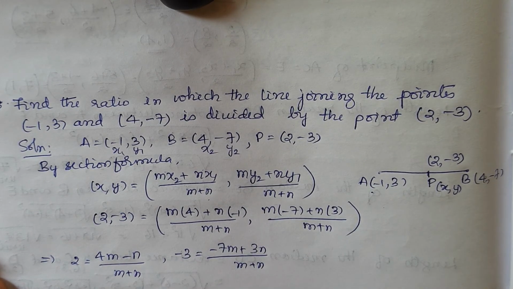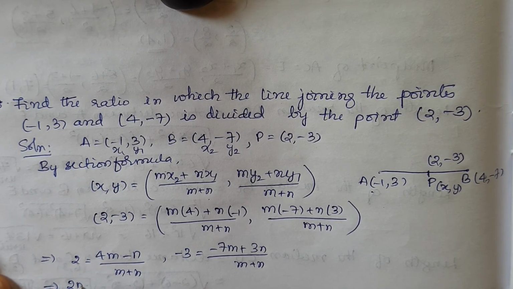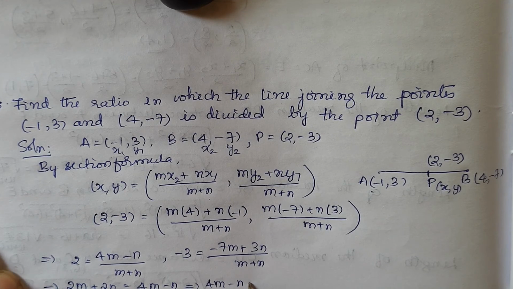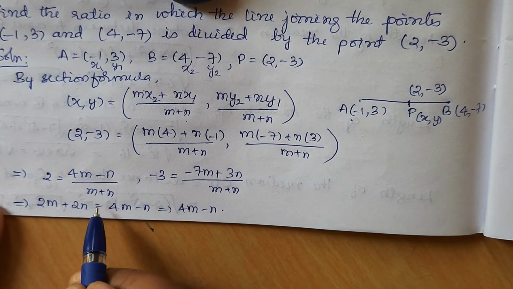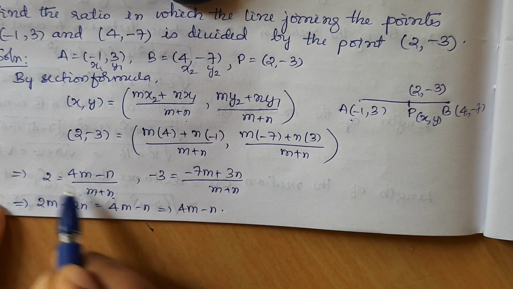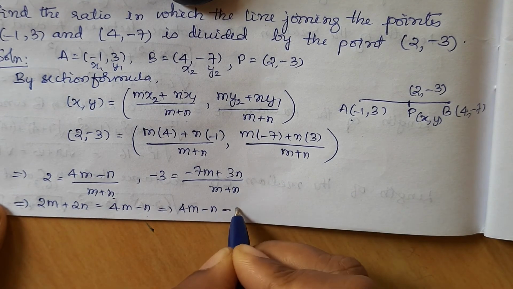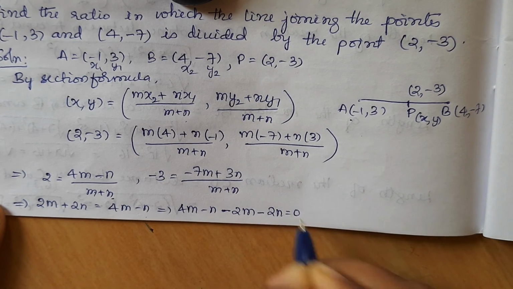We will rearrange this to find m and n. We multiply 2 into (m + n), which becomes 2m + 2n equal to 4m - n. Shifting 4m - n to the other side, we get 2m + 2n - 4m + n = 0.